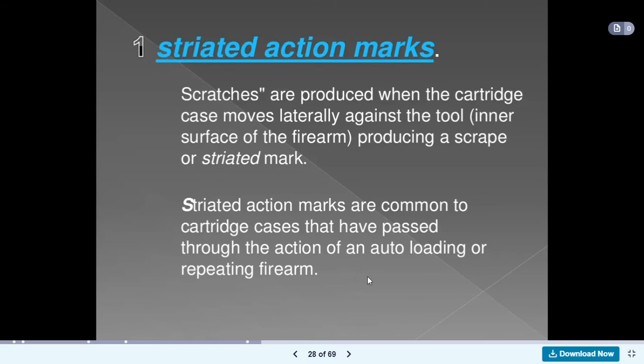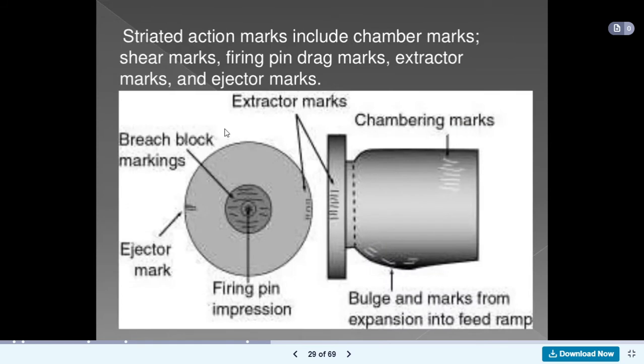Try to remember it, guys. Striated action marks include chamber marks, shear marks, firing pin drag marks, extractor marks, and ejector marks. You can see examples of the firing pin impression, the breech plug here. Ejector mark, here. Extractor marks, here. Chamber marks, here.